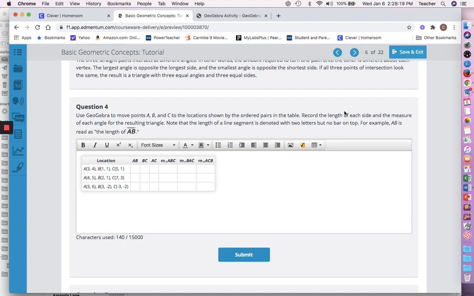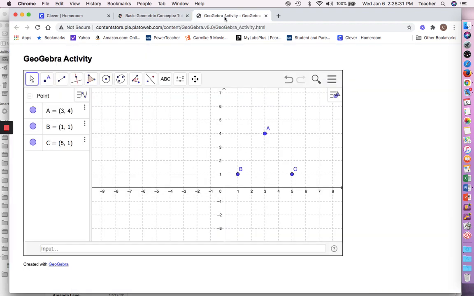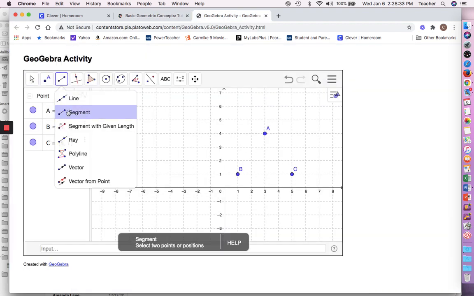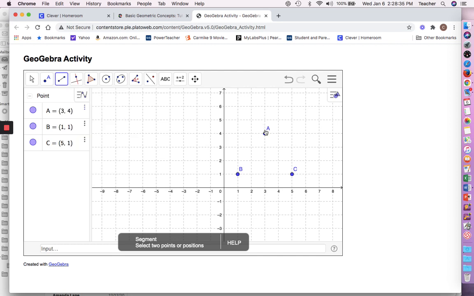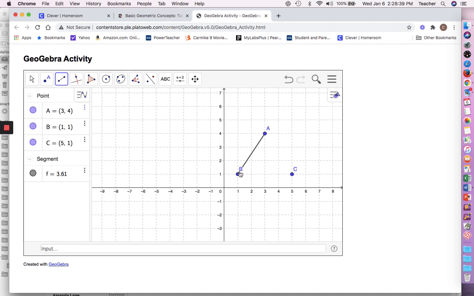All right, so record the length of each side and measure of the angle in the resulting triangle. Note that the length of the line segment is denoted by the 2 letters with no bar on top. And again, that just means the length of. So I'm going to turn this into a triangle. Come over here to segment. So I'm going to connect A to B. There's my first length. B to C. C back to A. So right offhand, I can see 2 of these are the same.